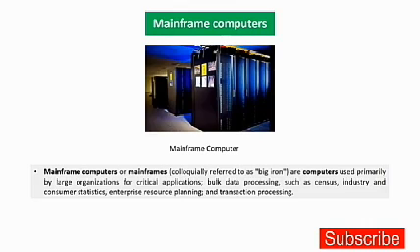For example Facebook, if you're accessing Facebook, you're not the only person accessing it. There are millions of people who are accessing Facebook. So millions of requests come to the computer, right? Obviously Facebook has multiple servers, that's a different thing, but a server can process multiple requests. Such kind of computers are called mainframe computers, okay.